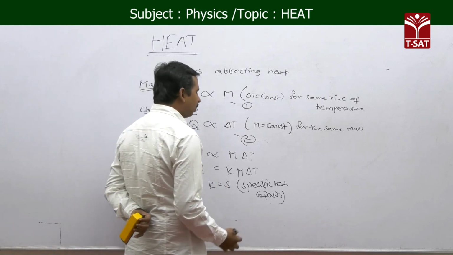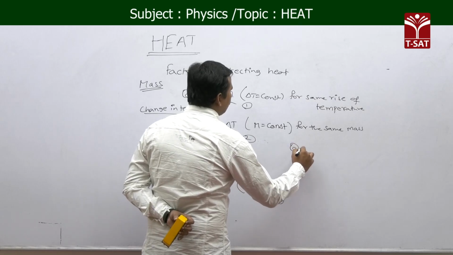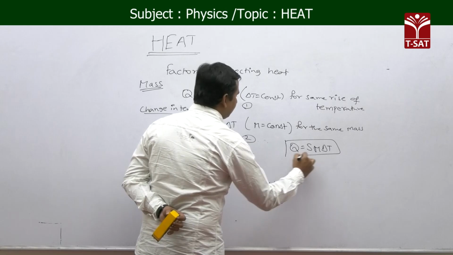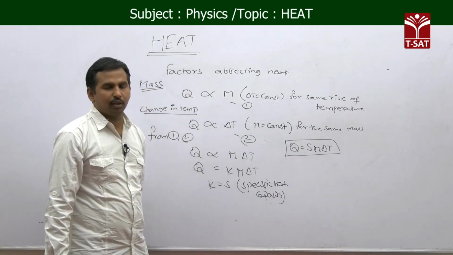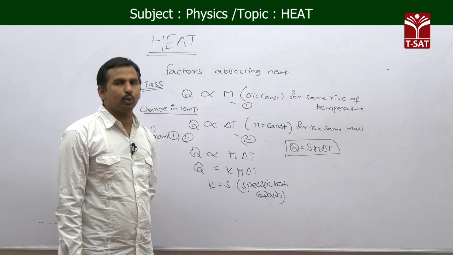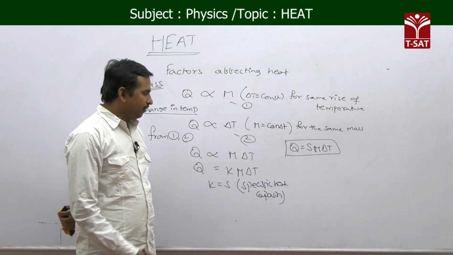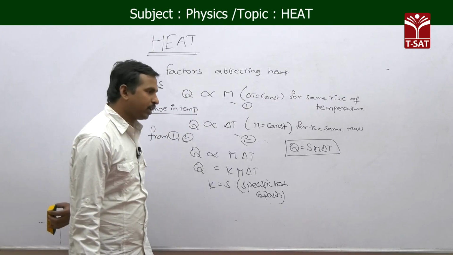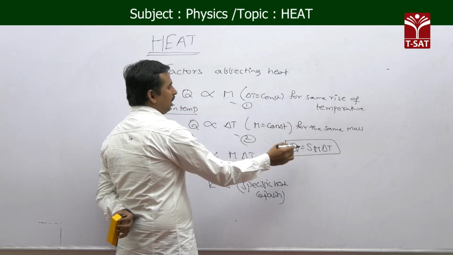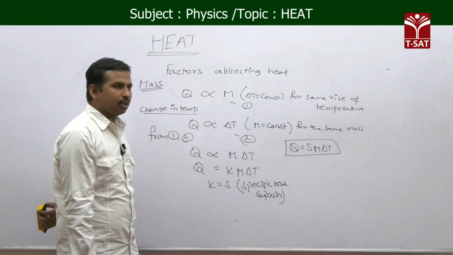Then if K is equal to S, finally we got the formula Q is equal to S into m into delta T for heat energy, where S is the specific heat capacity, m is the mass we are taking, and delta T is the change of temperature.